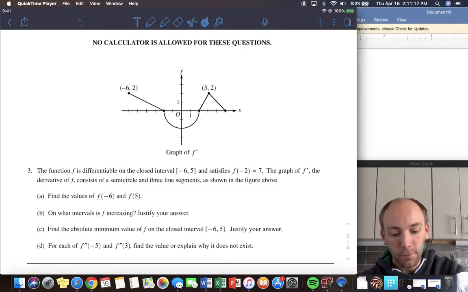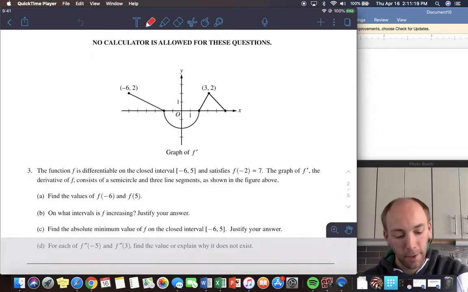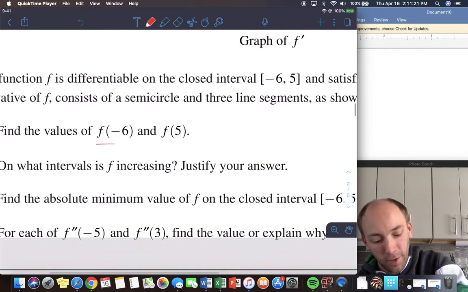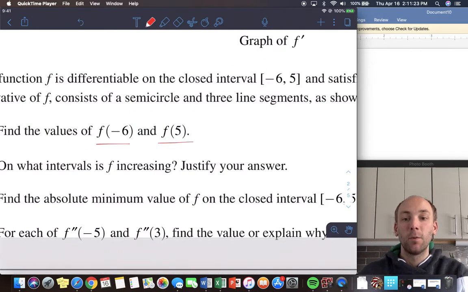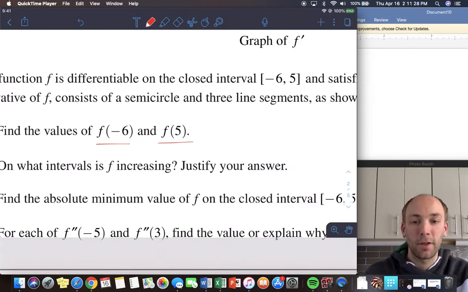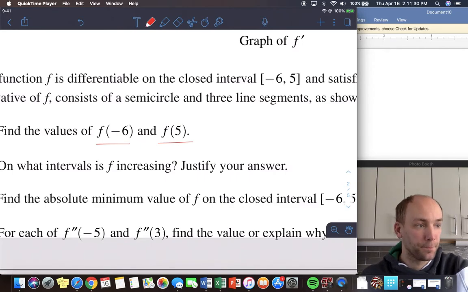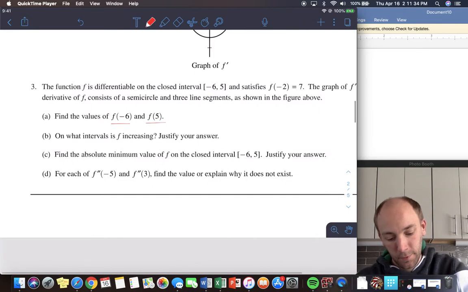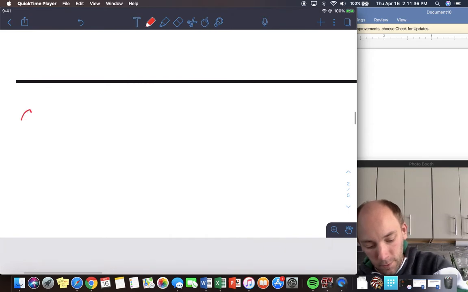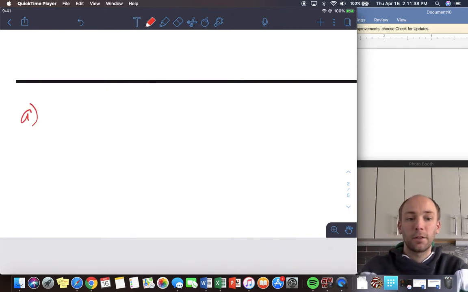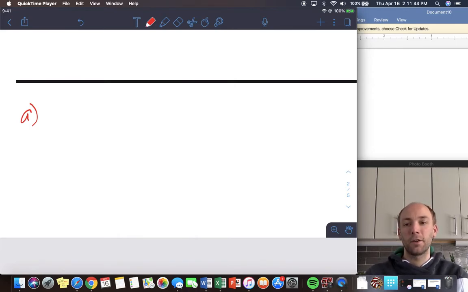In part A, because we are given some function values that we need to find, we will use the fundamental theorem of calculus to help us find those values. If I want f of -6, let's think of what the fundamental theorem says.